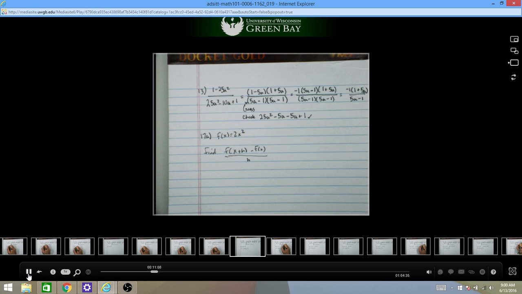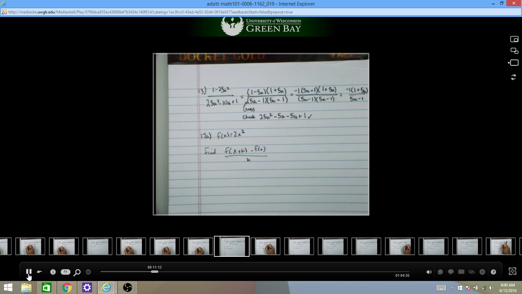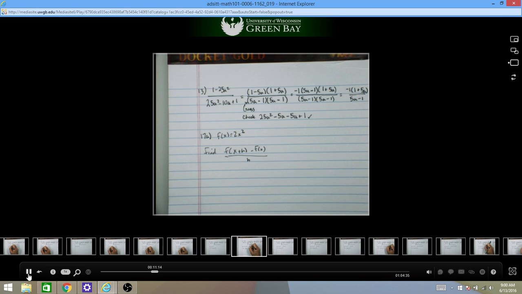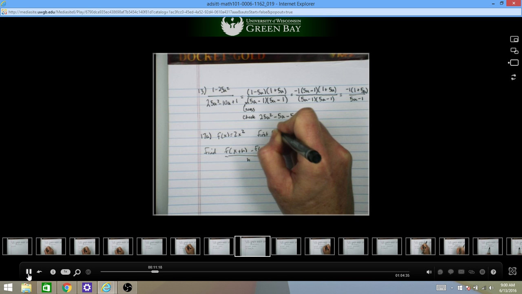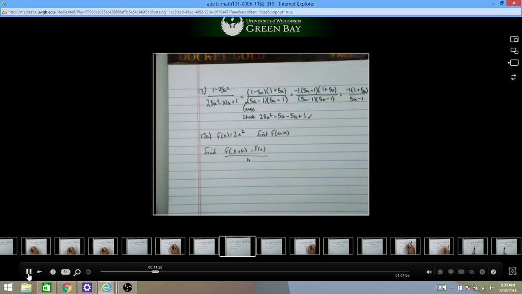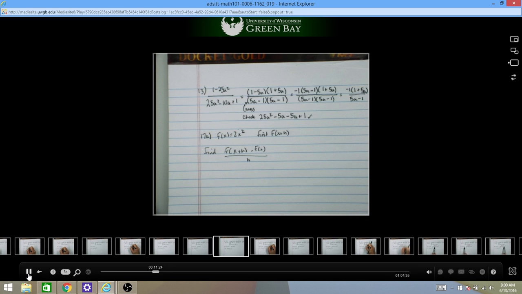So I'll put the x plus h in for x. Okay, so first I'll find f of x plus h. Okay, so remember what that means. That means plug in x plus h for the x here. So you have 2 parentheses x plus h squared.